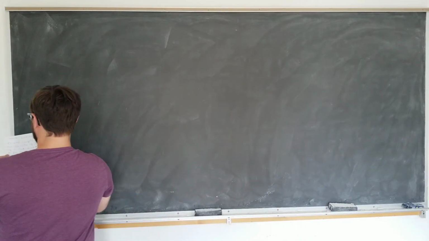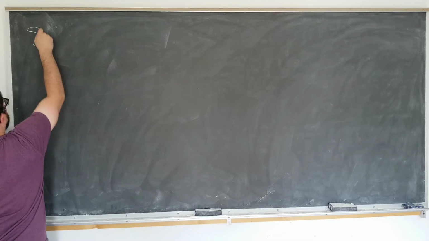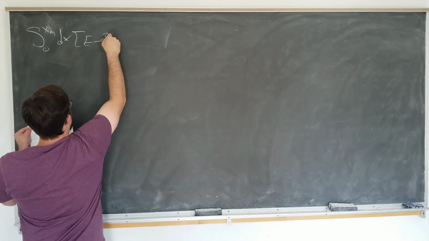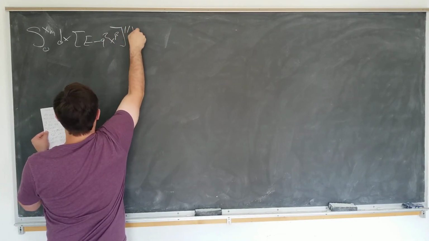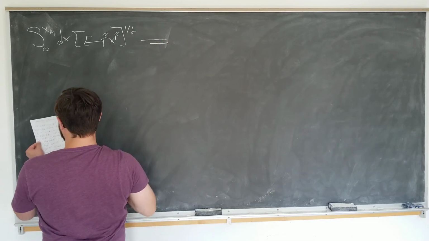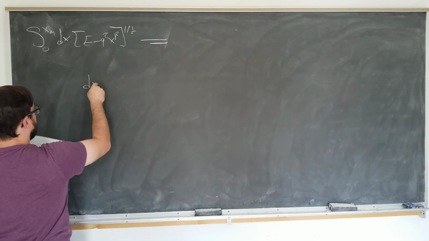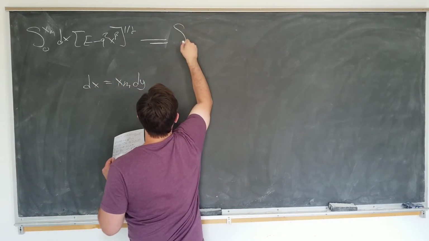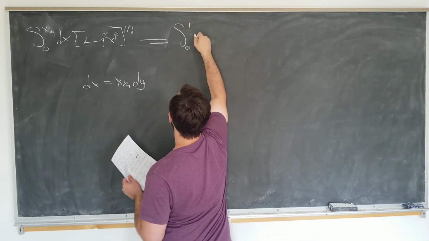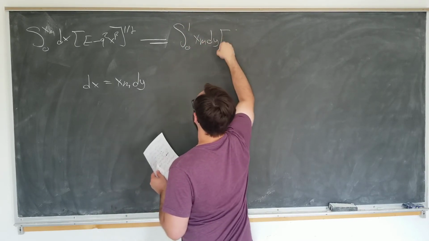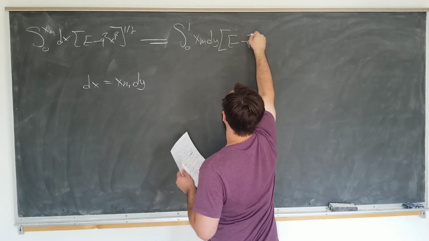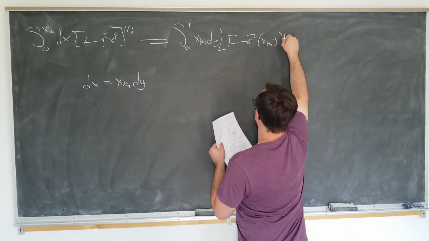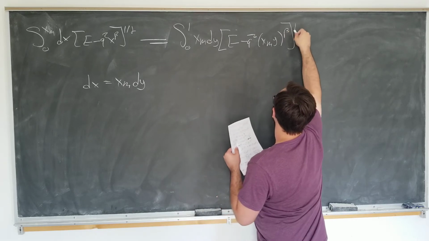All right. So we are evaluating this integral, 0 to xm dx e minus q squared x to the beta to the 1 over alpha power. And just to recall, we had dx is equal to xm dy before, and the limits are being changed from 0 to 1. So this becomes xm dy e minus q squared xm y to the beta power 1 over alpha power.